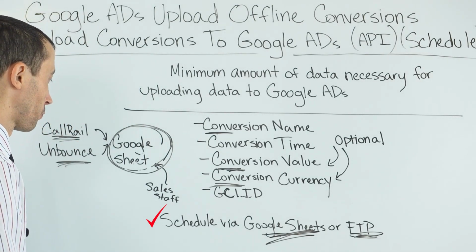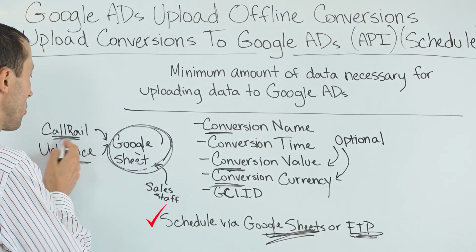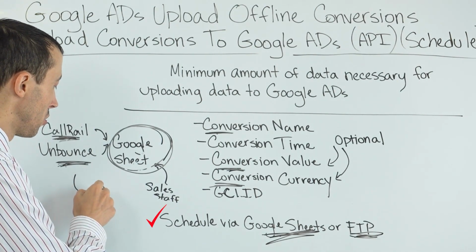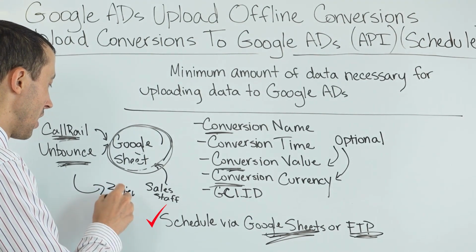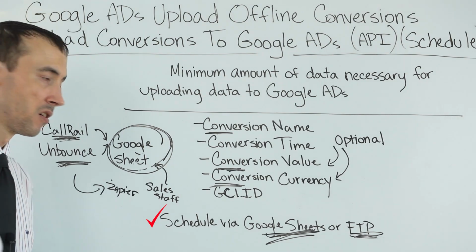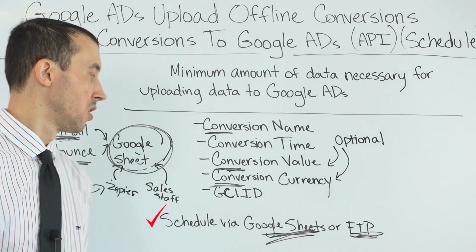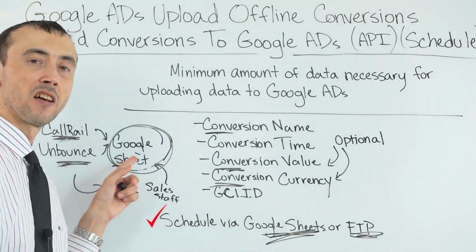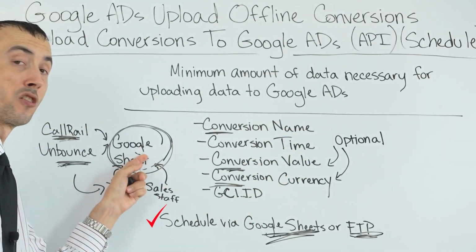If we want to automate this, we're going to take the CallRail information and the information from Unbounce, have it go to a Zapier account, and then use Zapier to import the Google Click ID into a Google Sheet. The Google Sheet will have the GCLID of every form lead and every phone call that comes in just sitting there on the sheet.